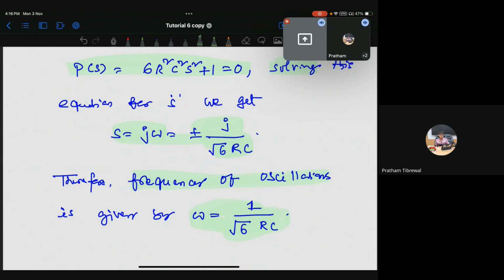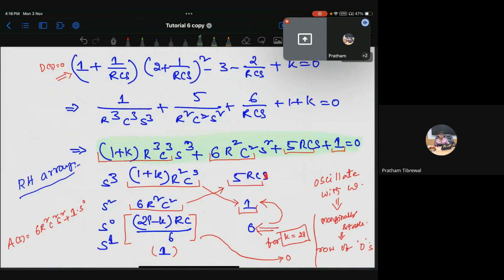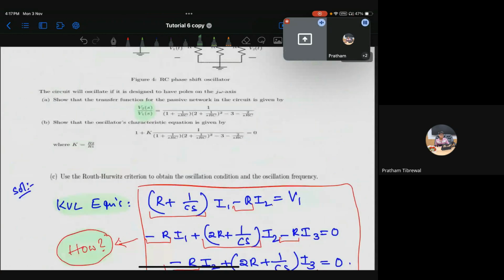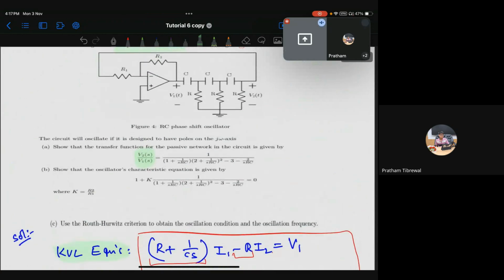Is this clear? For k equal to 29, this term is becoming 0. In that way only we will get that entire row as zeros. So for that, the condition was given that it's oscillating. So we are taking k equal to 29 and then proceeding, yes, exactly. So with the auxiliary equation, that is our question.